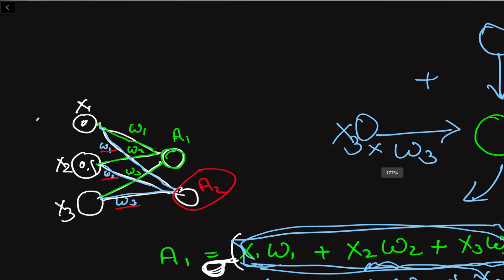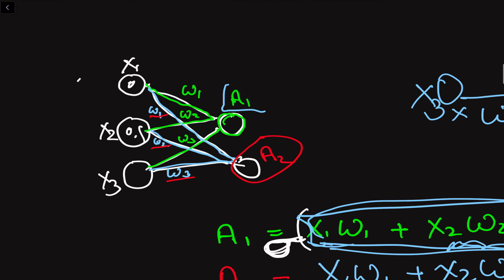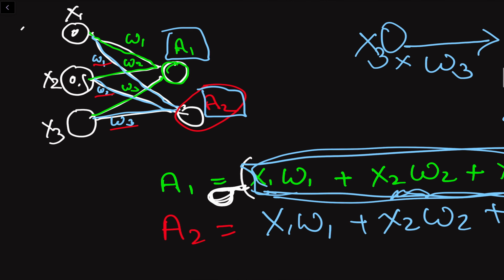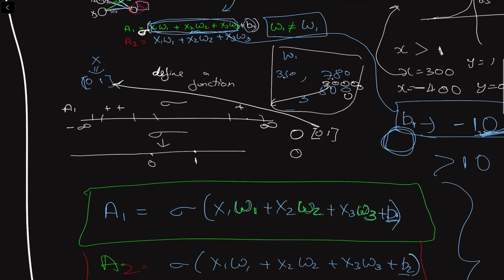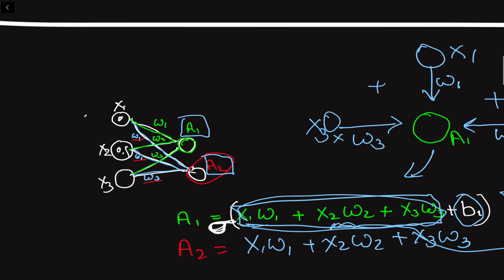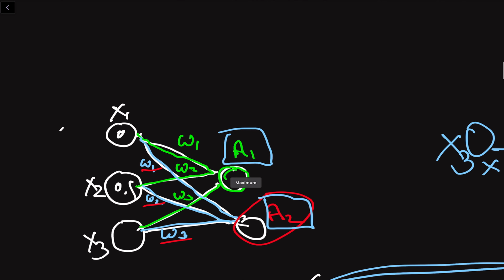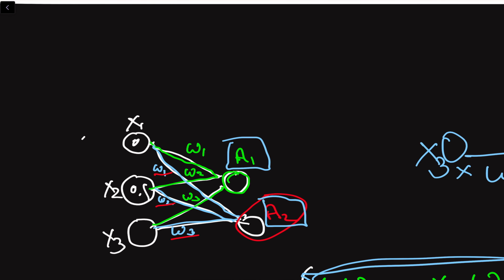So now that we know what the equations of A1 and A2 look like, we're gonna represent them in matrix form so it's easier for us to do the computation. So we're gonna put X1, X2, X3 in a matrix like this, and let's call that matrix X for now.